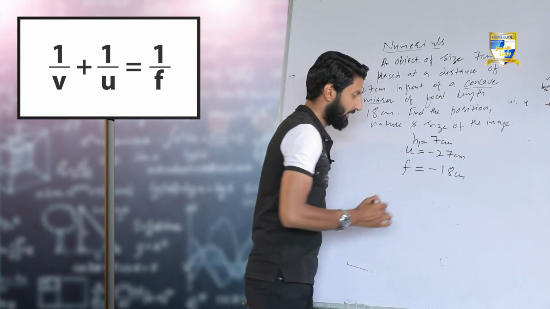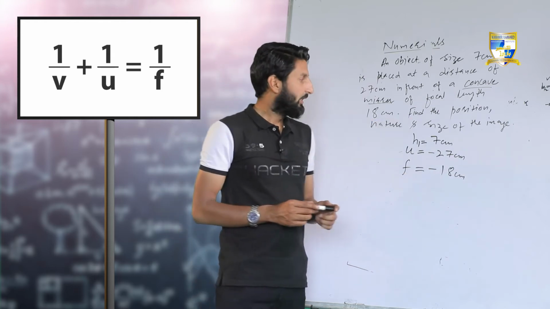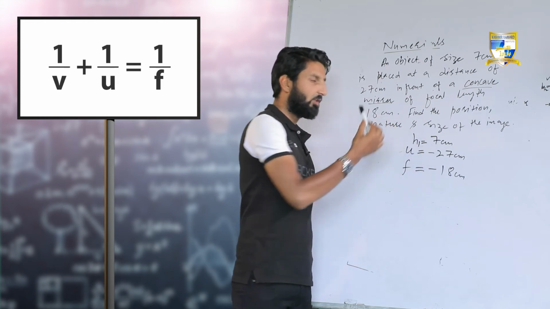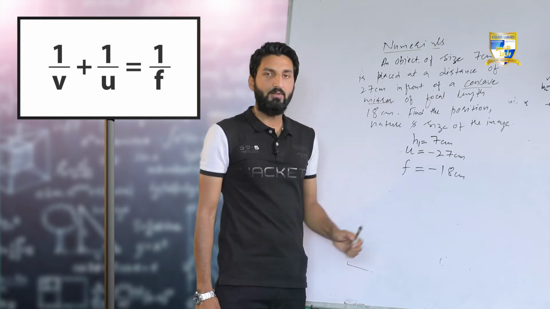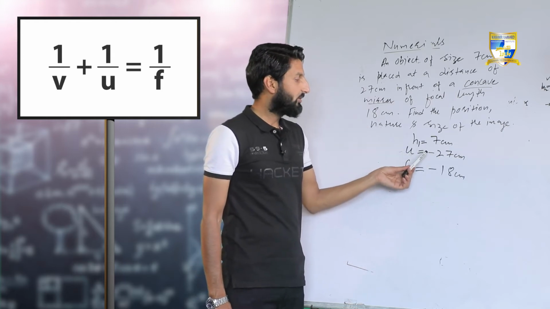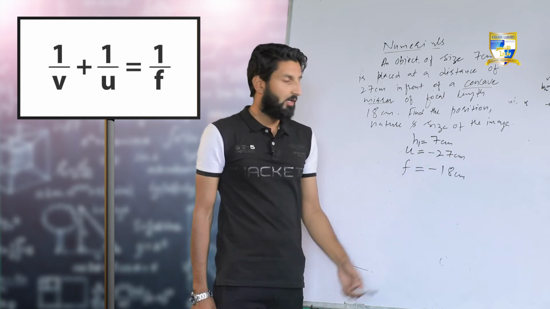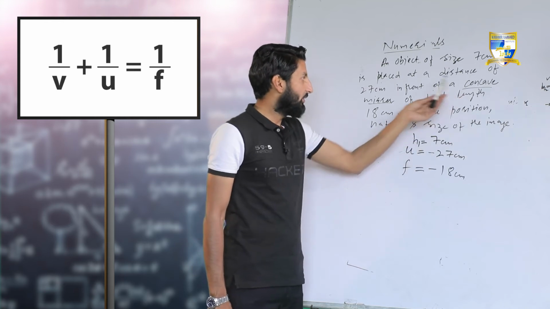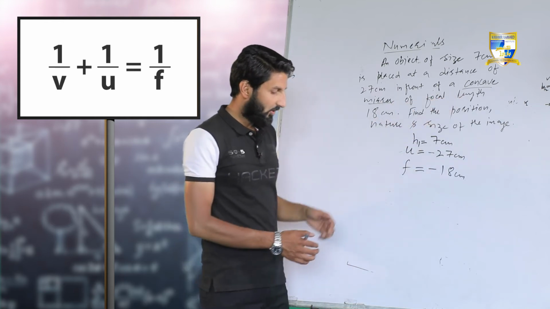So we are given these three values: the size of the object as 7 centimeter, and the object distance as minus 27 centimeter. Focal length is minus 18 centimeter, as it's a concave mirror. Let's solve this numerical now.